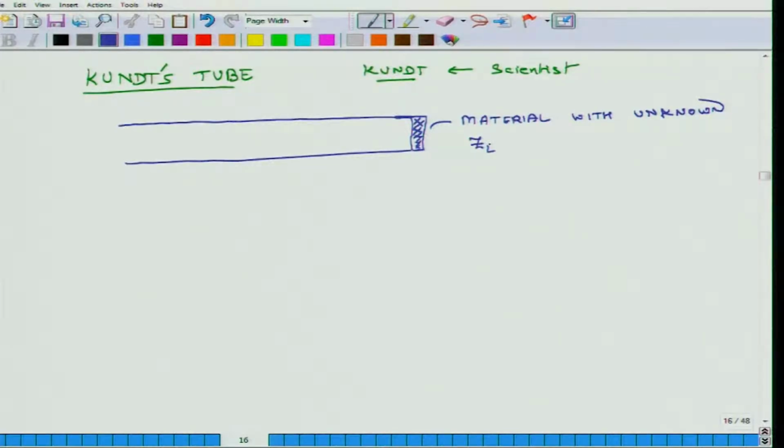Let's say that impedance is ZL, but we do not know it, so we want to measure the value of that ZL. You place that material at the end, and let's say this position is x equals 0, and then you somehow figure out a way to measure this material impedance.